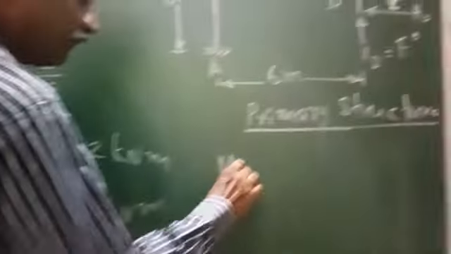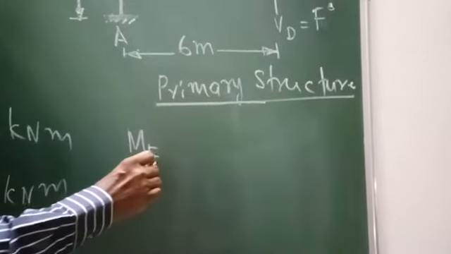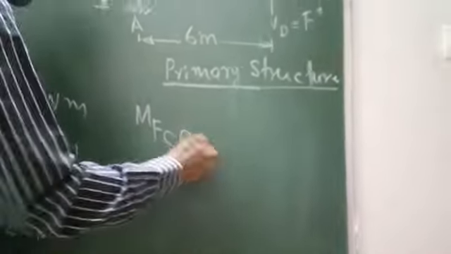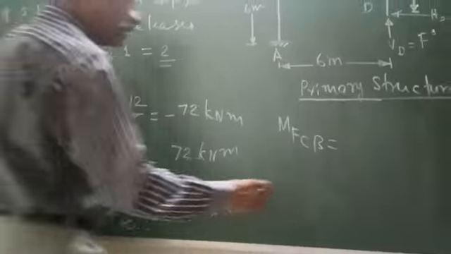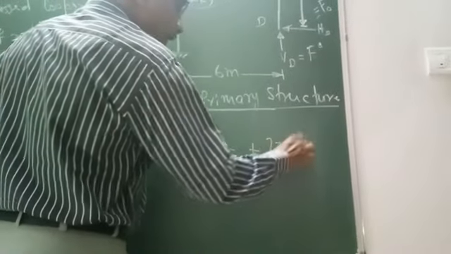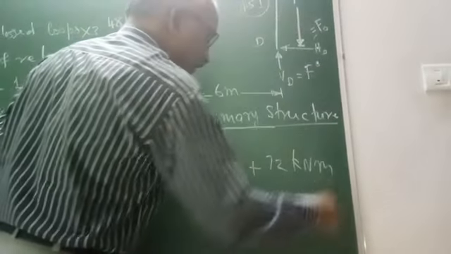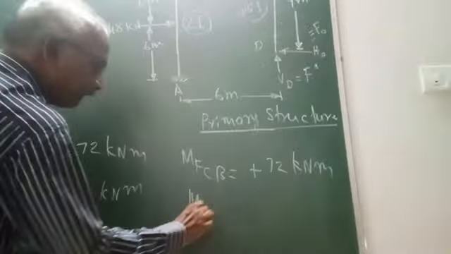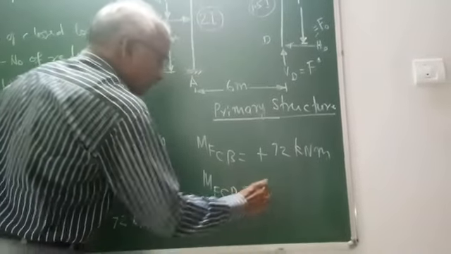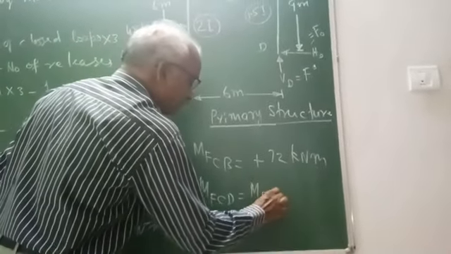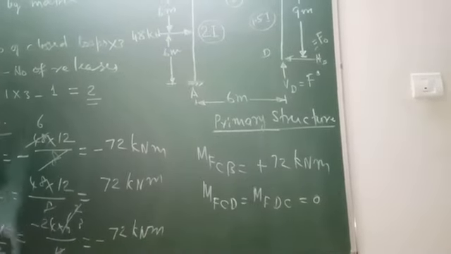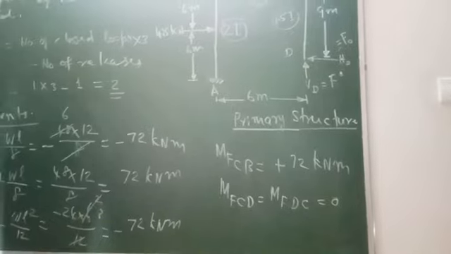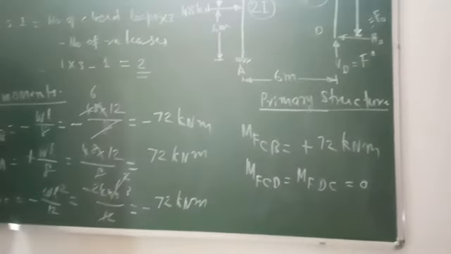M of CB equal to plus WL square by 12. So substituting, you will get plus 72 kilonewton meter. M of CD equal to M of DC equal to 0 because CD is not laterally loaded. So that's about the fixed end moments.